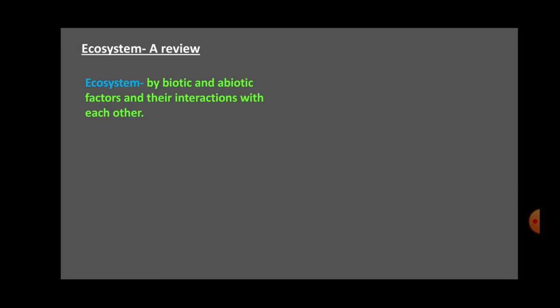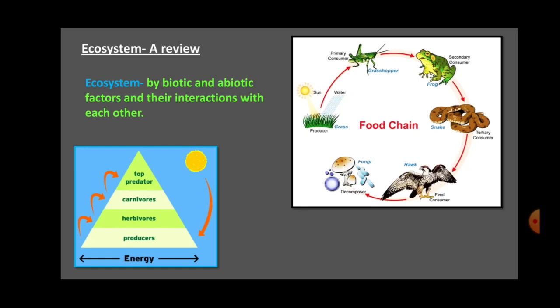So, biotic includes humans, plants, animals, microorganisms, whereas abiotic includes air, water, soil, winds, etc. Okay, so we all are aware that there is an interaction constantly going on between the biotic and the abiotic factors. So this all together forms ecosystem. Eco, I hope you all know, which means environment.